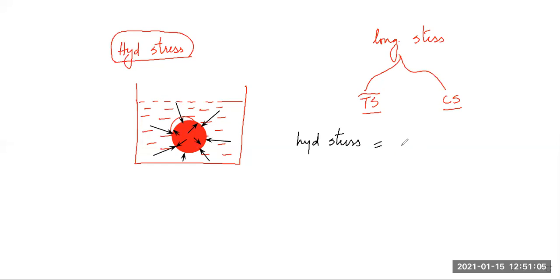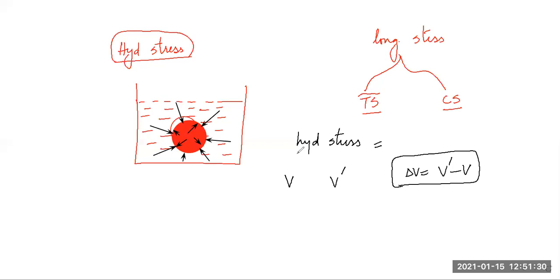Now one important point to note here, in case of hydraulic stresses, the solid body undergoes a change in the volume. If V is the original volume, V dash would be the final volume. So delta V would be V dash minus V. Am I right?